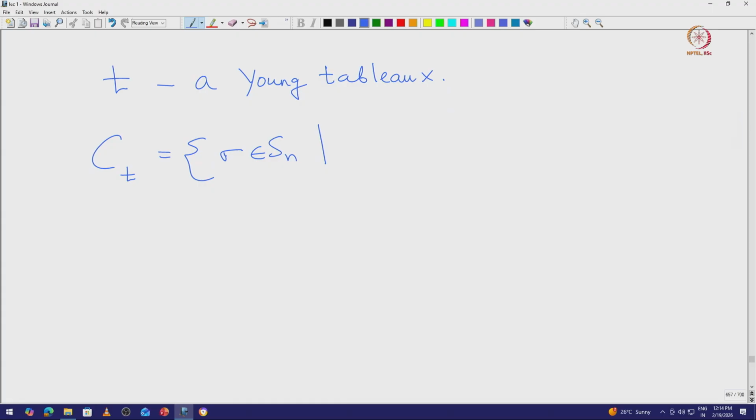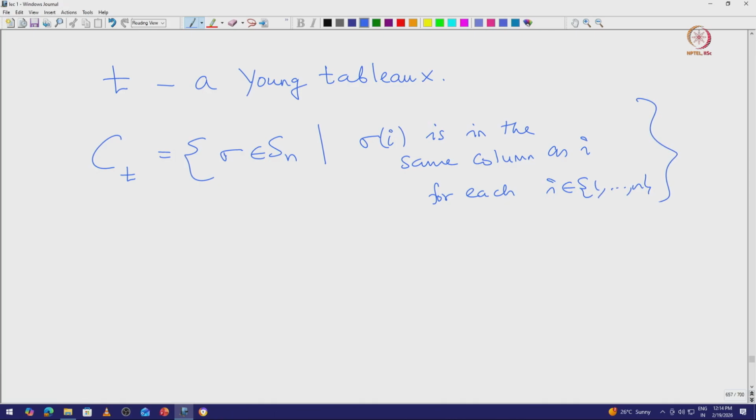So, that means sigma is in CT if and only if, when I is in some column, then sigma I also should be in the same column, and this should be true for each I in 1 to n.